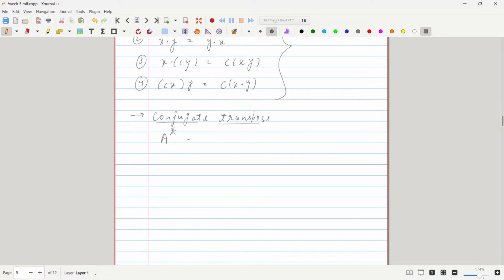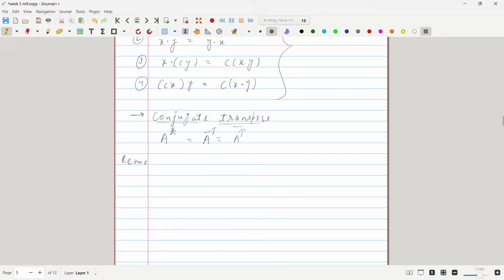So this star is basically A conjugate transpose. You can do it either way: first take the conjugate of the vector, then do the transpose, or first do the transpose of the vector, then do the conjugate.